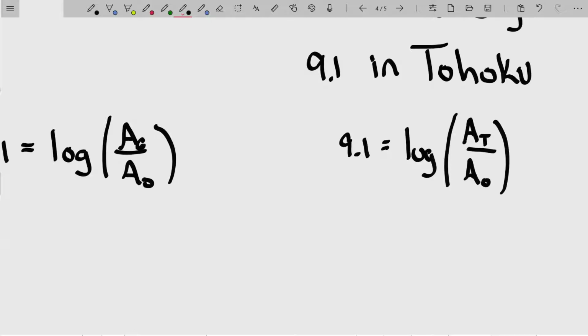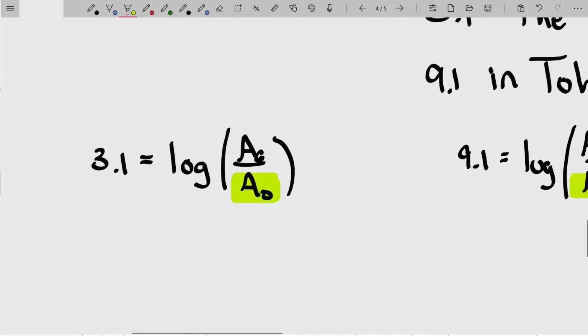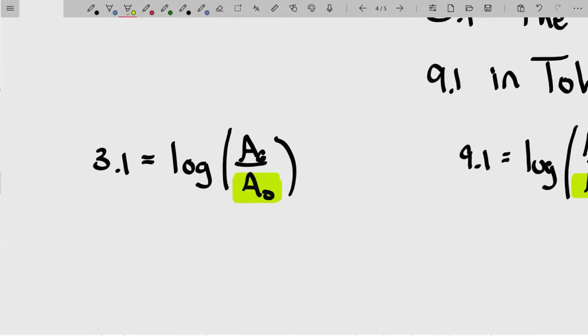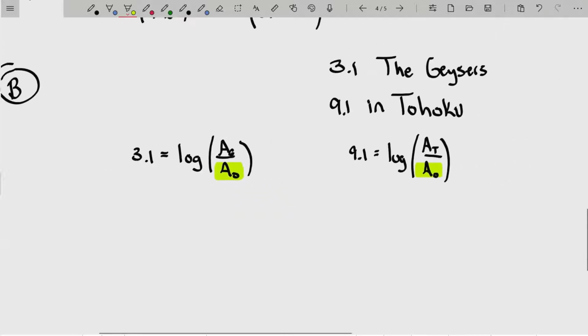Again, the same measurement for A sub 0. These A sub 0s are the same numbers. I'm not even writing in those numbers. There's no need to, honestly. And so the question is, how many times more powerful was the quake in Tohoku, I'm saying that hopefully correctly, versus the quake at the Geysers, California?